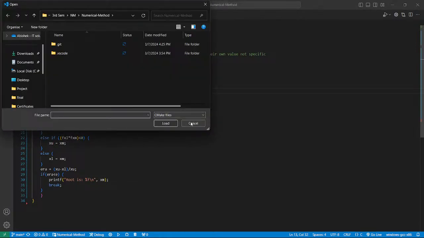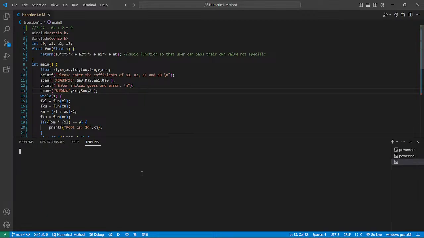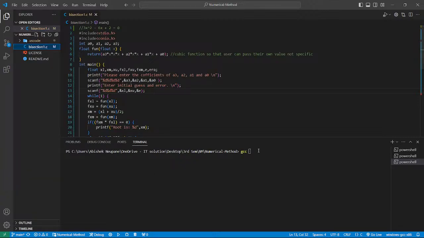So I compile with gcc bisection1.c. Oh, there is no error. I think now there will be an error. Oh, there is, excluding the coefficient.